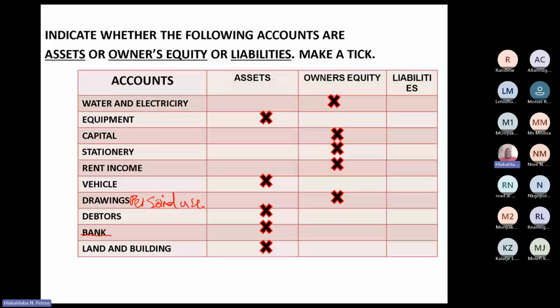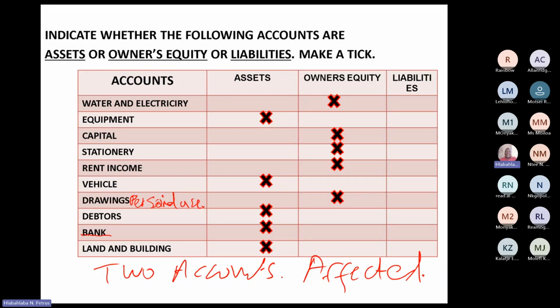Now, what is important when you analyze the transaction is that there are two accounts that are affected. Very important. Whether you buy by cash, buy on credit, or pay, in accounting there are two accounts affected in a transaction.